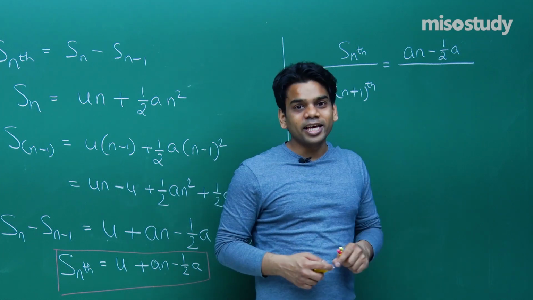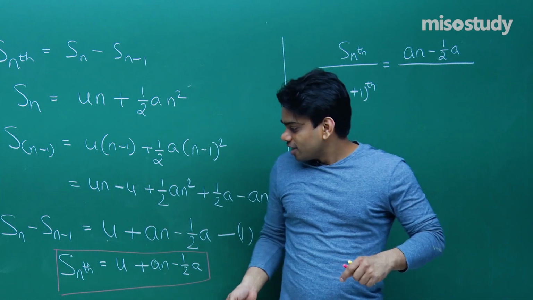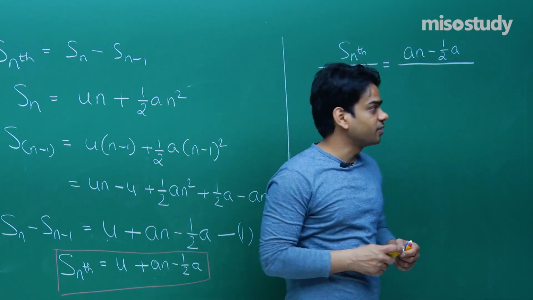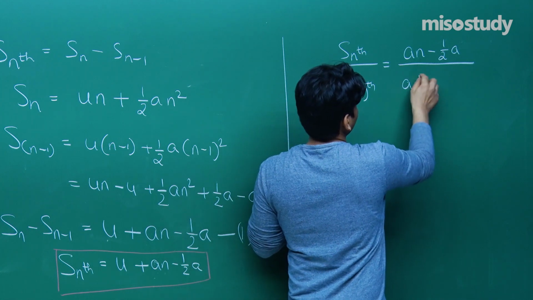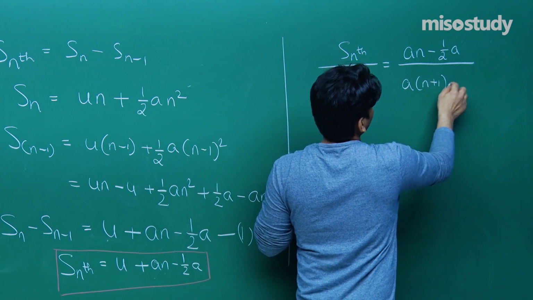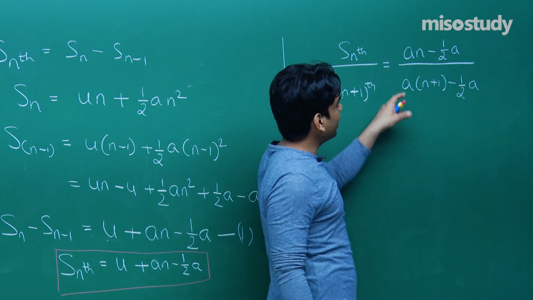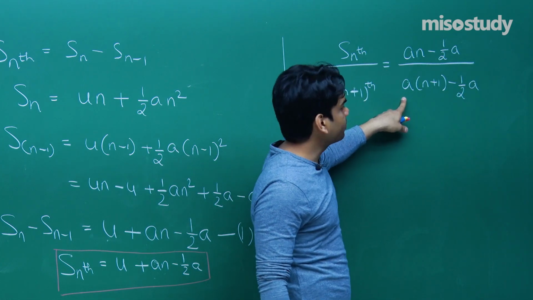Now for S(n+1), put n plus 1 here, you will have a(n+1) minus half a. So we obtained this. Now see, a and a will cancel out from top and bottom, taking common.